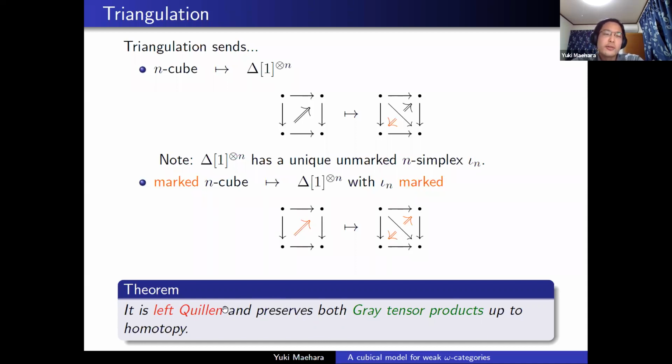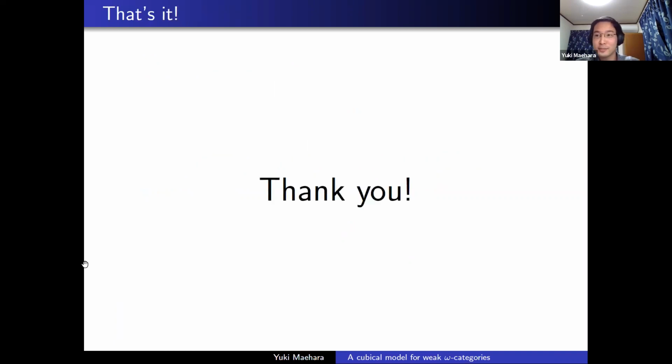Making this precise is a bit cumbersome because the Gray tensor product on the simplicial side is not as well behaved. But this is essentially what we prove. But anyway, this is the end of what I prepared for the talk today. So thank you very much.